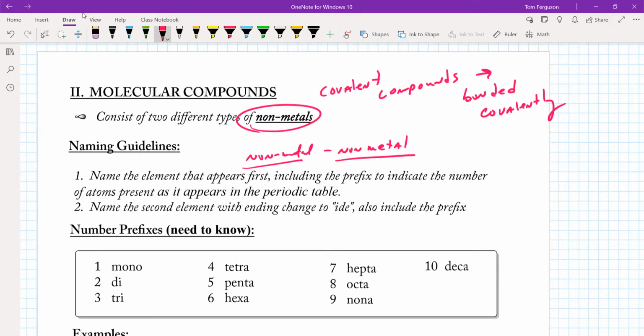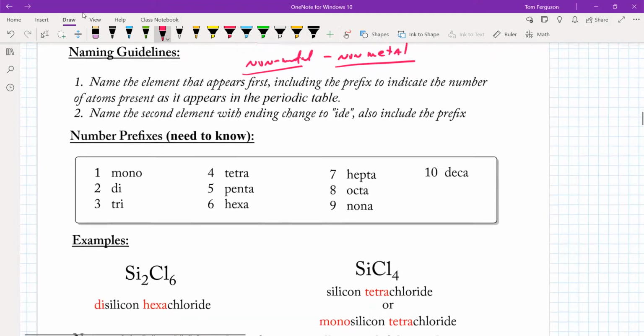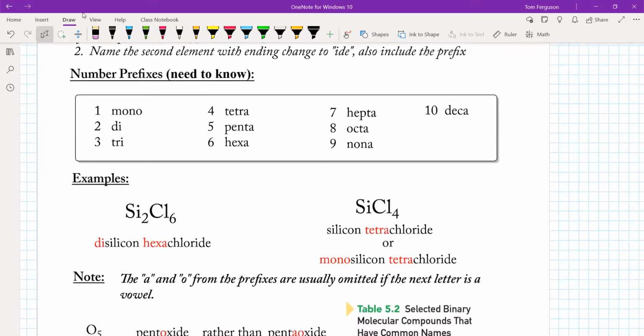Okay, so we need to use some prefixes, 1 through 10, you need to know these: mono, di, tri, tetra, etc., up to 10. And they're going to say how many of the non-metals are there in the formula. For example, here we have 2 silicons, 6 chlorides. 1 silicon, 4 chlorides.